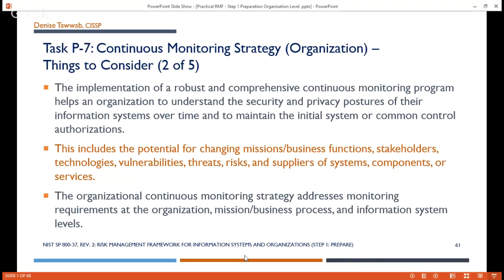This will include the potential for changing mission, business functions, technologies, vulnerabilities, threats, risk, and suppliers of systems, components, or services. The continuous monitoring strategy addresses monitoring requirements at the organization level, the mission business process level, and the information system level.